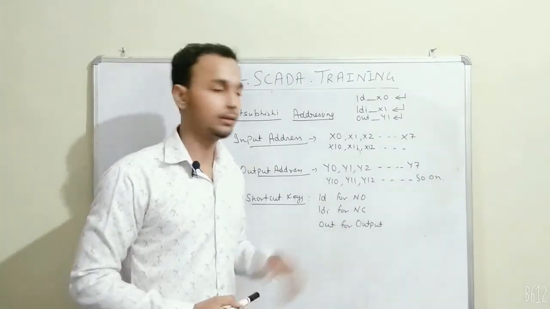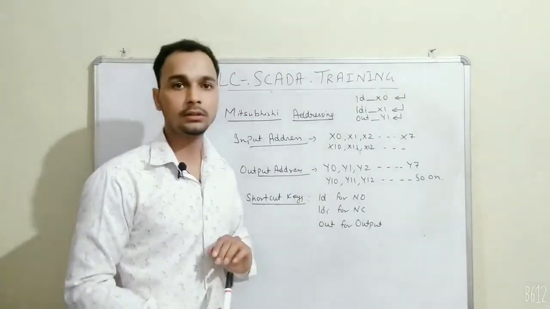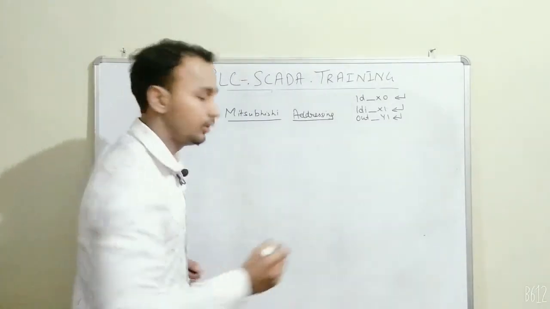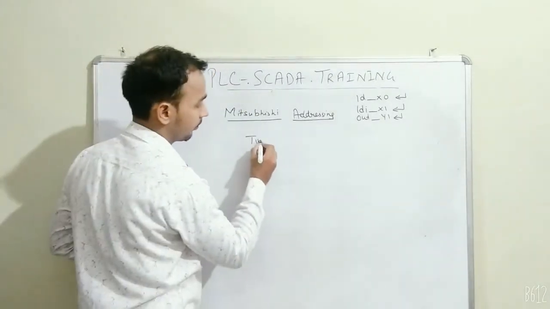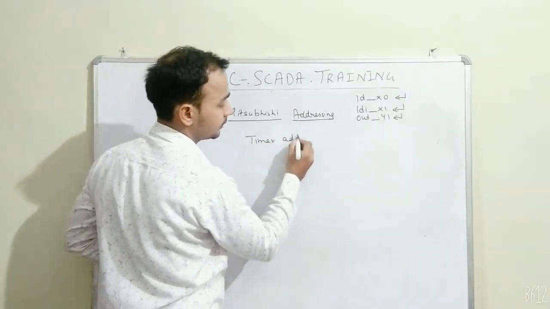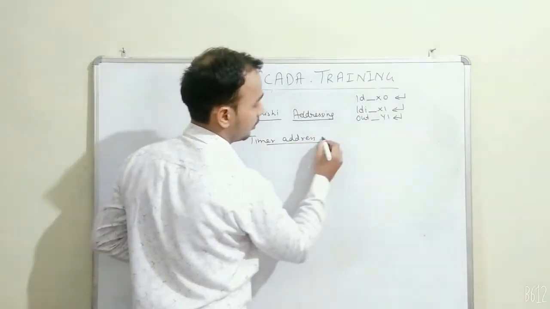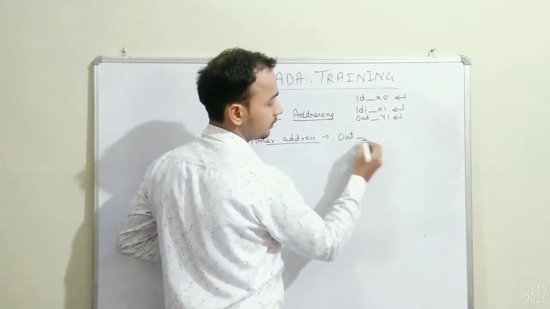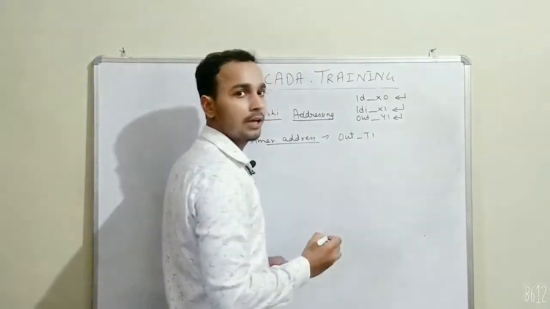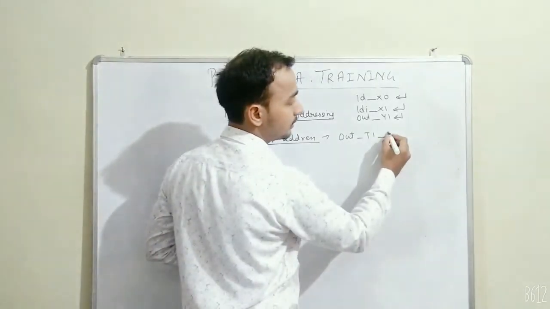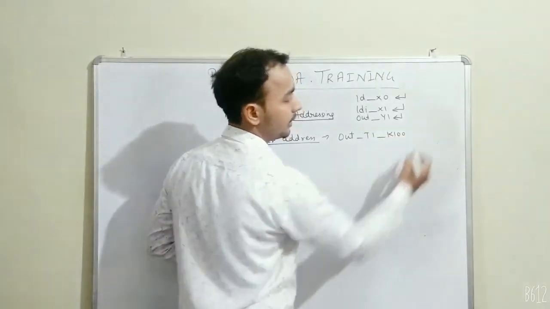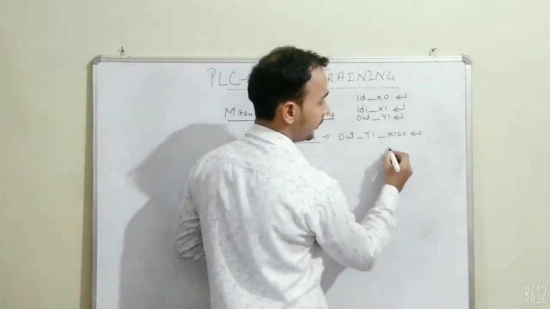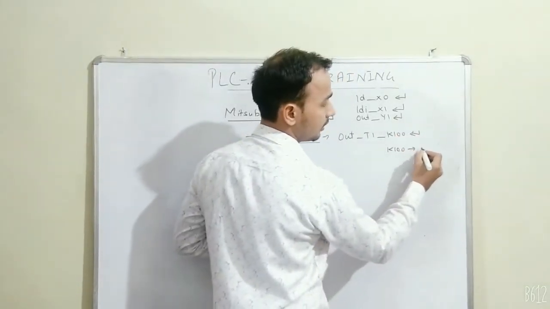Now come to the timer and counter address. For the timer, we always type OUT space T1, that is the timer number, and space timer value K100 and enter, so you will get the timer. K100 means 10 seconds.